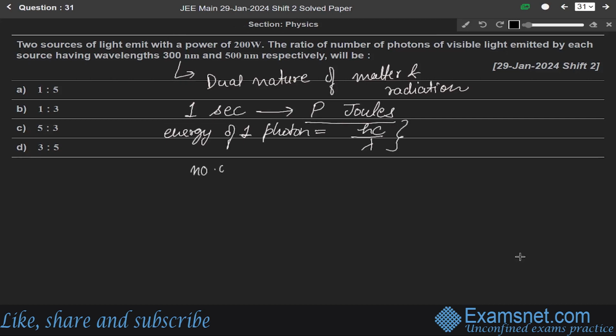So the number of photons that are emitted per second will be equal to the total energy P joule over the energy of one photon, that is hc over lambda.